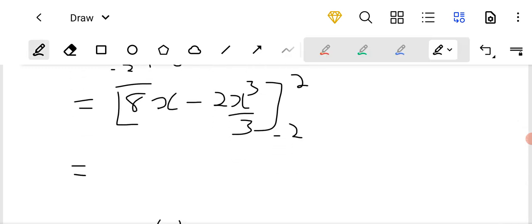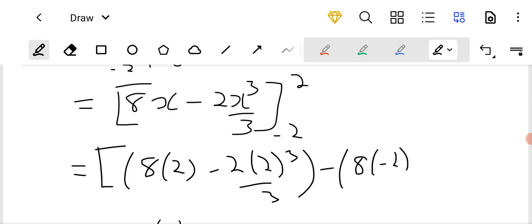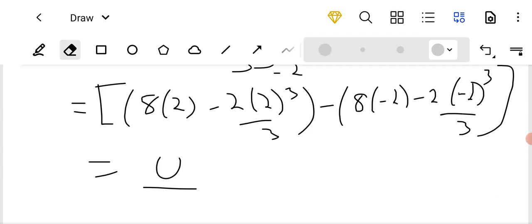So you substitute the limits now. Forgive me for that one. Okay, minus 8 multiplied by a -2, and then minus 2 times -2 cubed divided by 3. So that's why it gave us a weird answer.